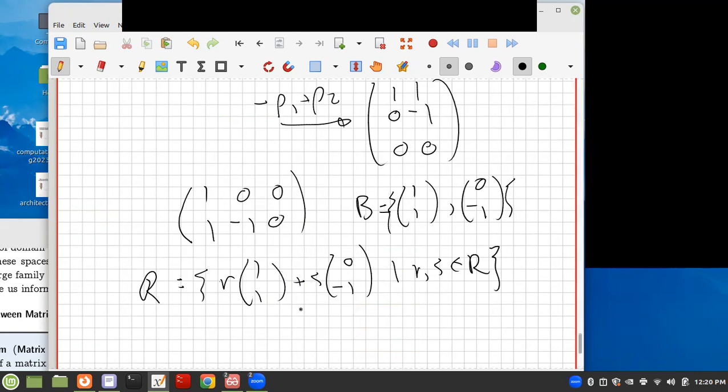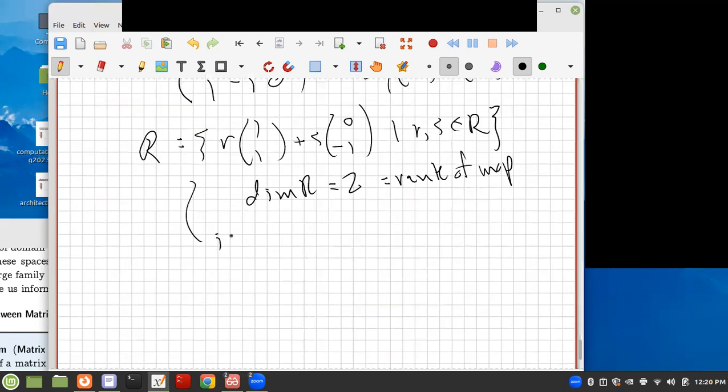And you can see that the dimension of the range equals 2, so that equals the rank of the map, and since the range space is two-dimensional, that means this is isomorphic to R2, which is the codomain. So the range space is the codomain, because spaces that have the same dimension are isomorphic, essentially the same.